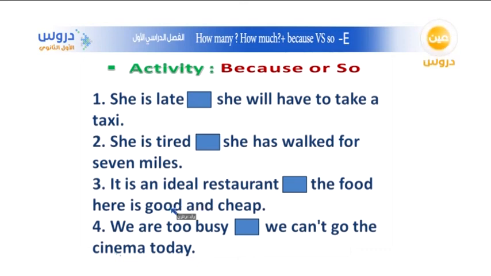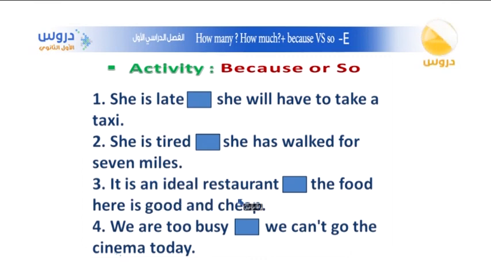You mean it's an ideal restaurant, and the food here is good and cheap is the cause. Alright? So, for Mr. Ahmed, it's not clear to me, your response here, and the reason why you have chosen so and not because.